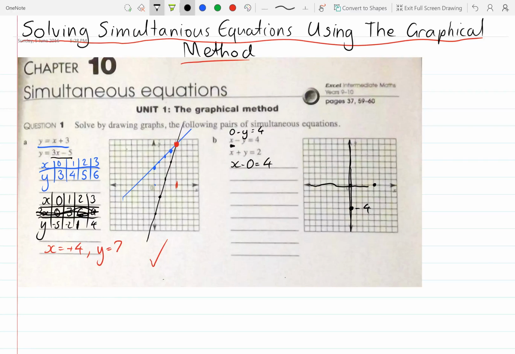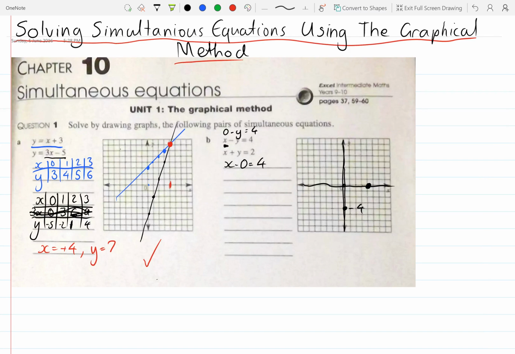This is the line where all the y values are 0, and thus this is 0, 4. And that will give me a line. Again, this is really hard to do on a piece of glass. So that's this first equation.